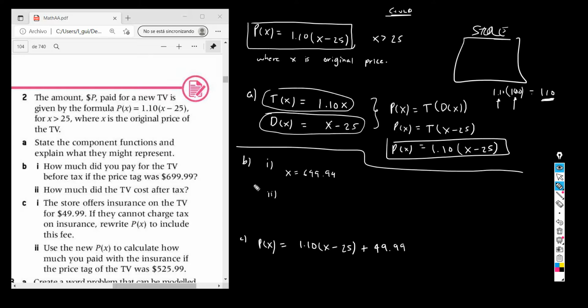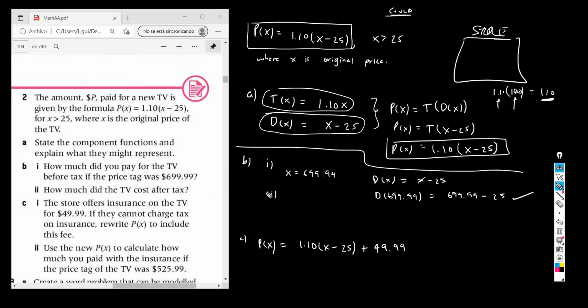So you're going to use the discount function and evaluate it at this price. How much are you going to pay? You're going to pay this much money minus the $25 discount, period.